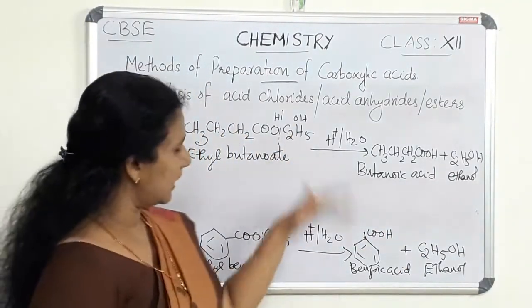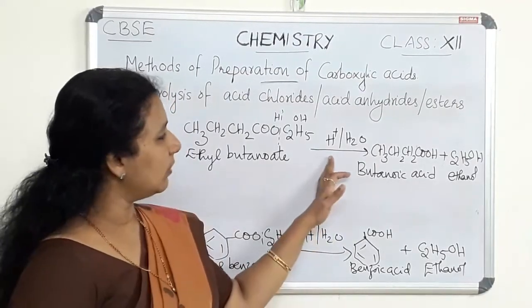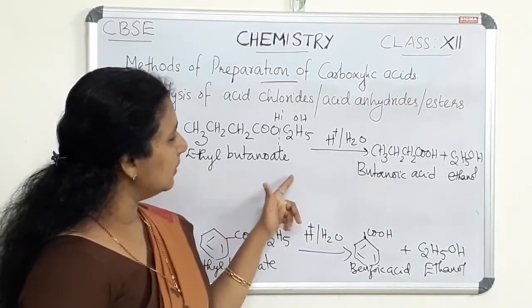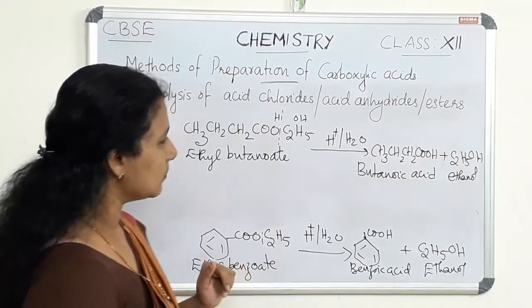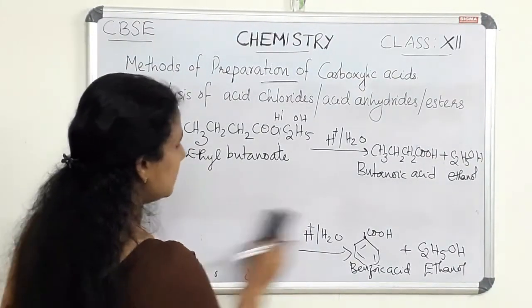Here in all these cases we have used acid hydrolysis. So hydrolysis in presence of acid. What happens if we are using base, or base hydrolysis? Let us take the same example.